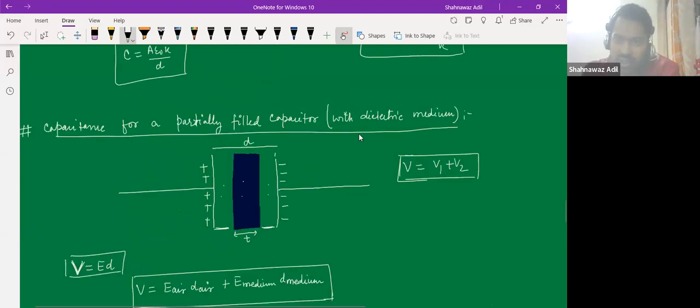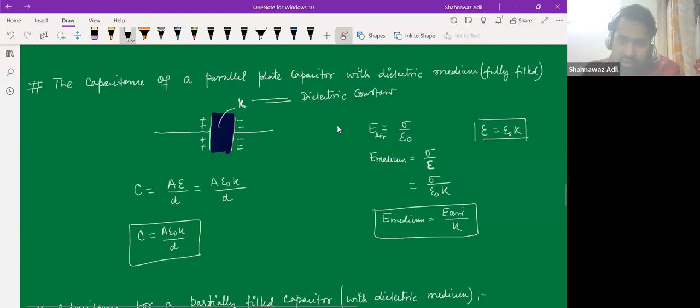The dielectric one will have a different capacitance. So these are the different cases of the capacitor.